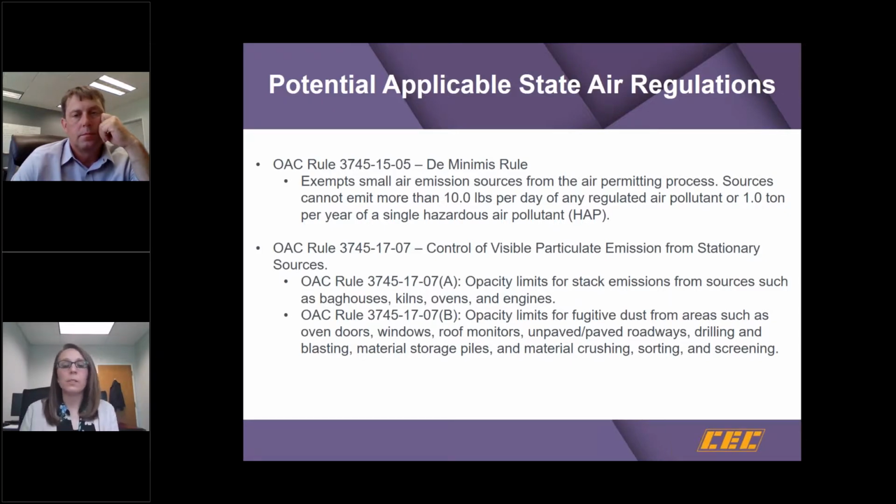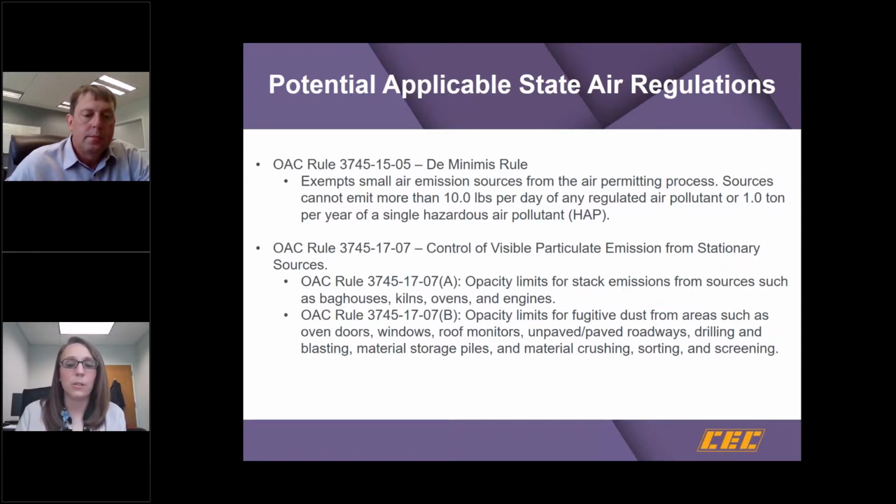And then we looked at 2 of the main rules that a lot of the sources in Cuyahoga County are going to fall under, and one of them is 1707, and this is for the control of visible particulate emissions. And then I broke down the 2 different sections of 1707 that a lot of sources of particulate emissions are going to be subject to.